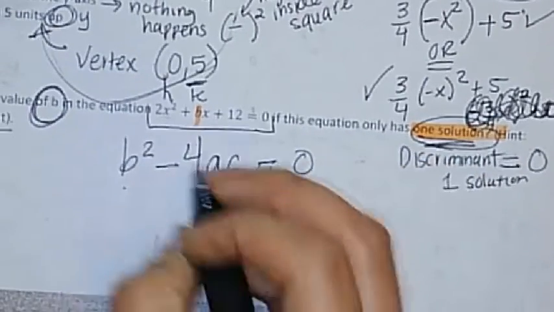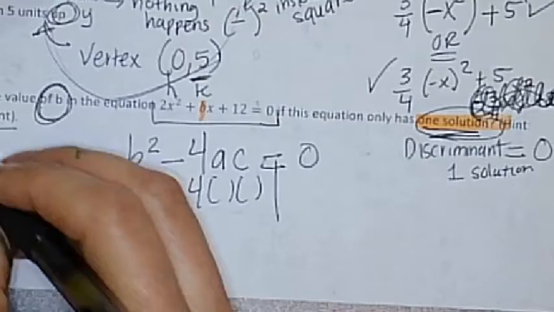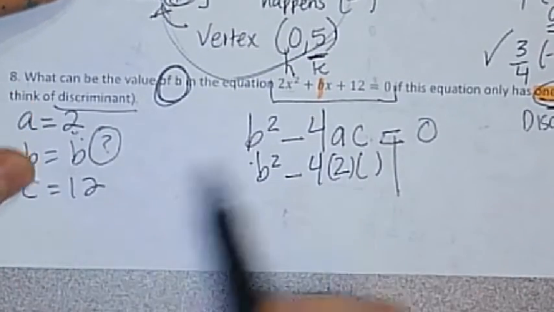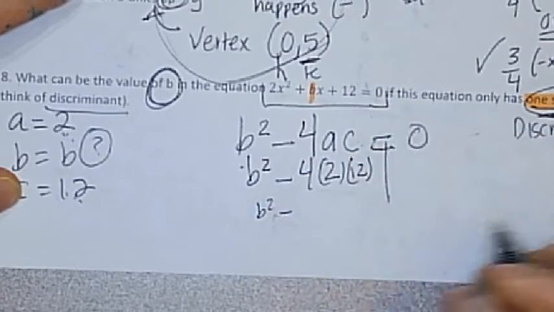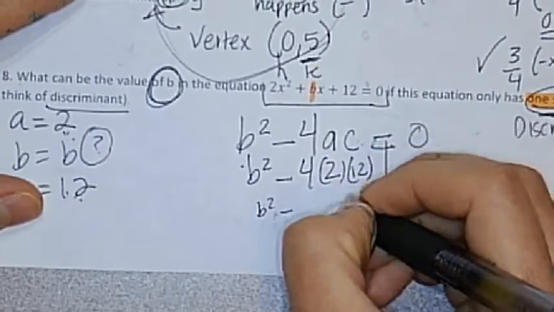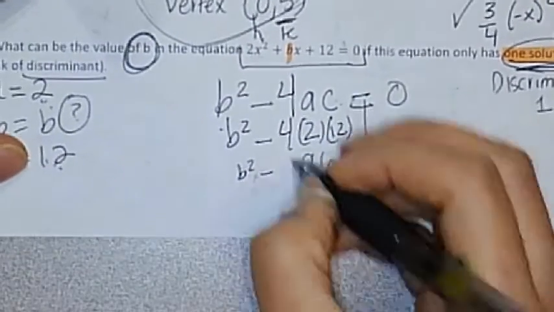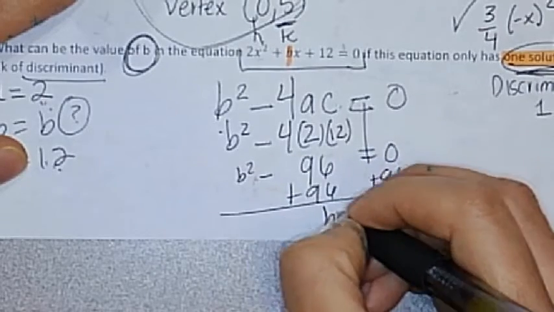We're going to substitute B, we don't know what it is. A is 2, and C is 12. Okay? And then we're going to keep solving.